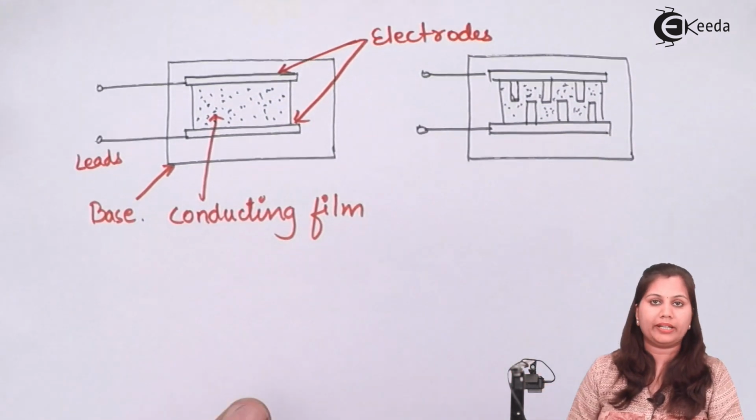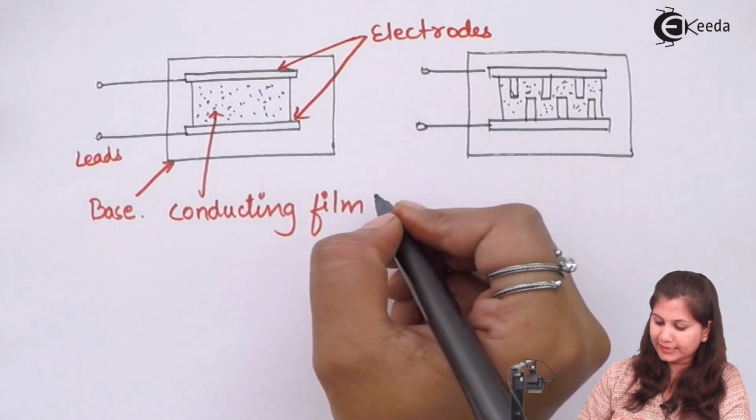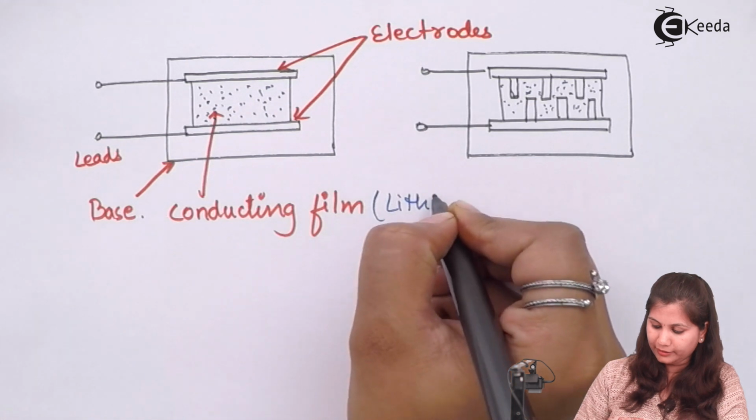So these are the two arrangements for the resistive hygrometers in which the lithium chloride is acting as the conducting film.